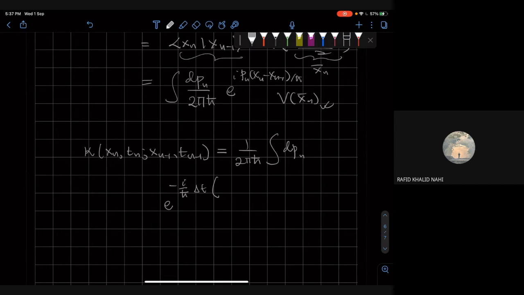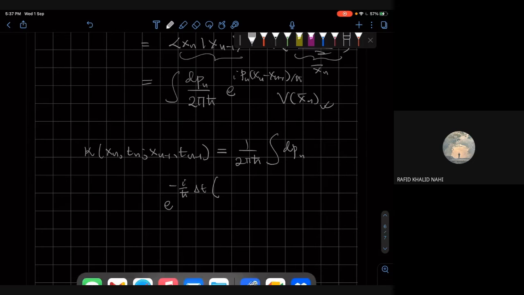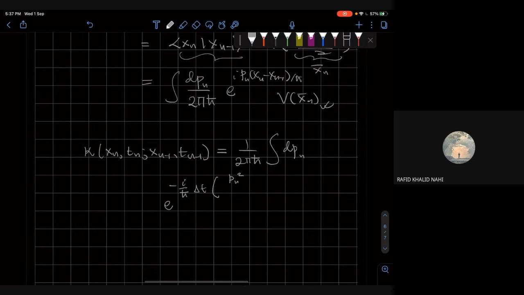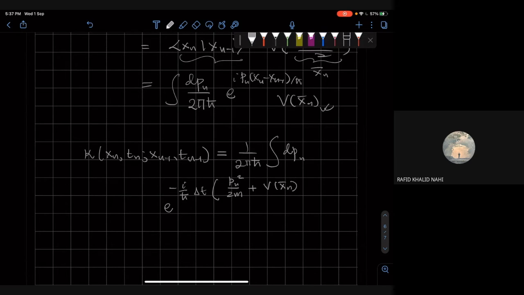So we are going to get an expression for the Hamiltonian for that little, well, I don't know. Let's actually write this out. So we're going to get pn squared by 2m, plus V of x bar n, which is the Hamiltonian, right?